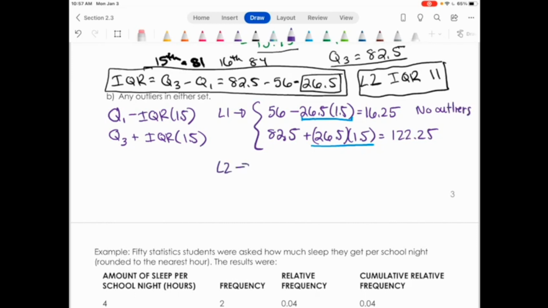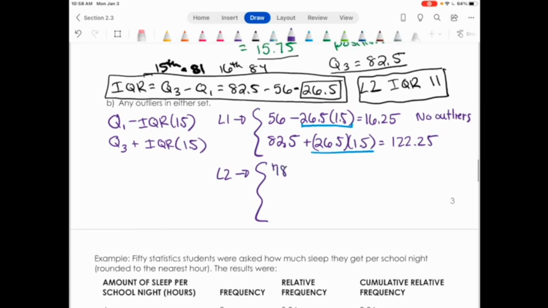Now for list 2, we're going to find the Q1 that we got for list 2. And when you did that on your own and checked it with my answers, you should have gotten that your Q1 was 78. And when we subtract the interquartile range times 1.5, you should get 61.5.